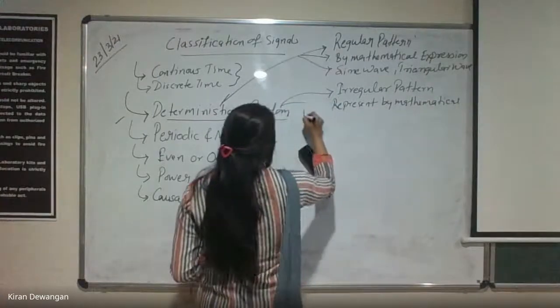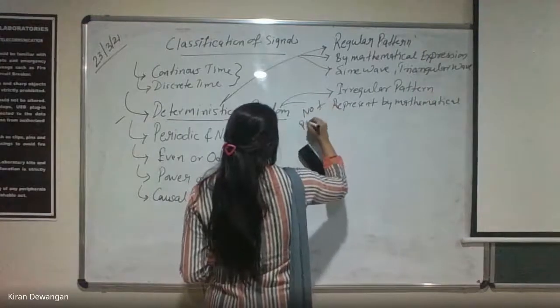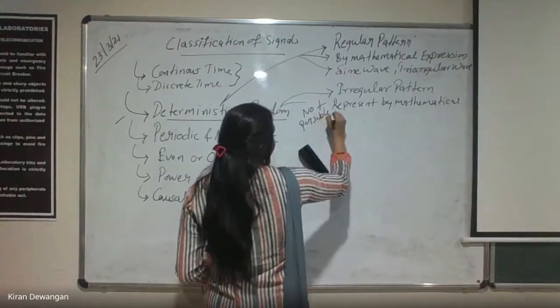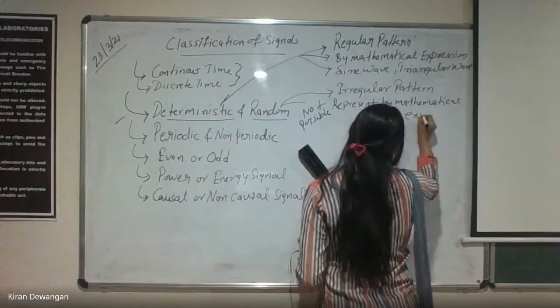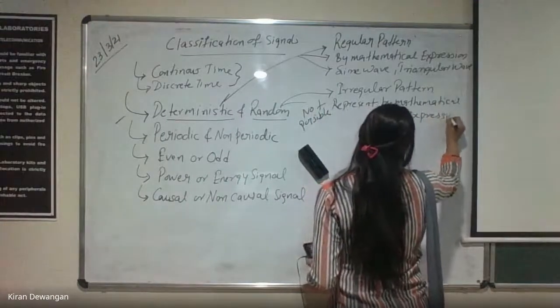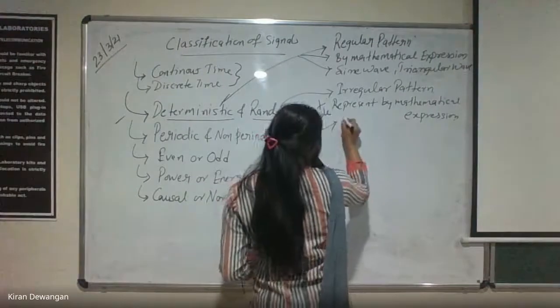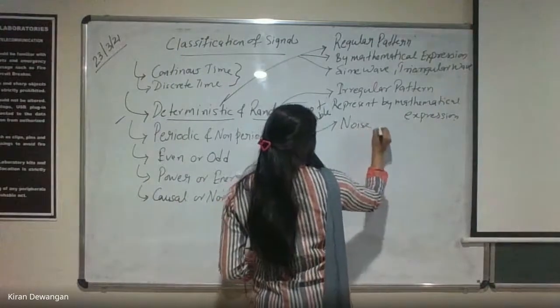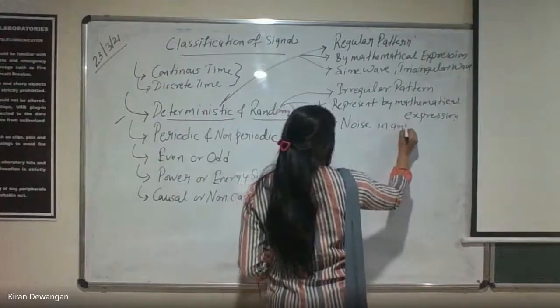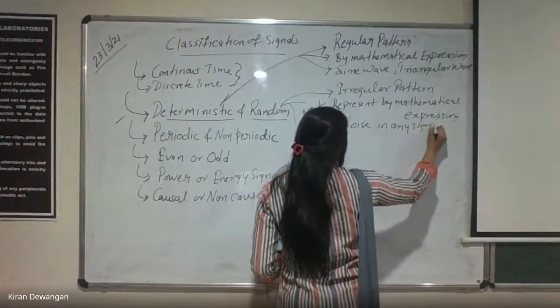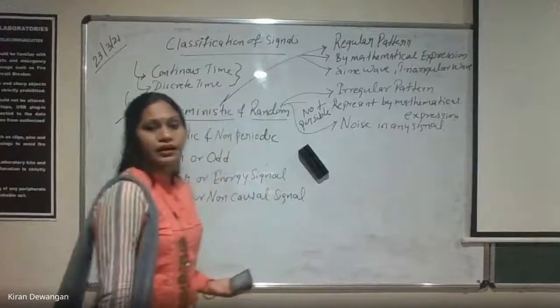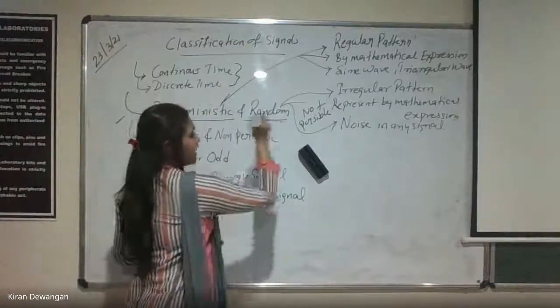Right, here, not possible, mathematical expression. The examples are noise in any signal. So these are all about the deterministic and the random signal.